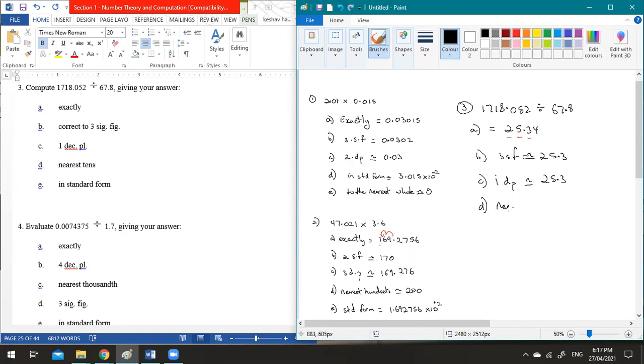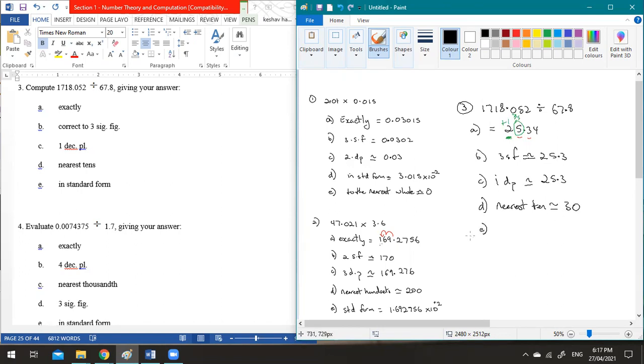D, nearest 10. The nearest 10 is the 2. So you're looking at the 5 in this case. It is greater than or equal to 5. So we add 1 to the 2 to get 3. And then I put the 0.